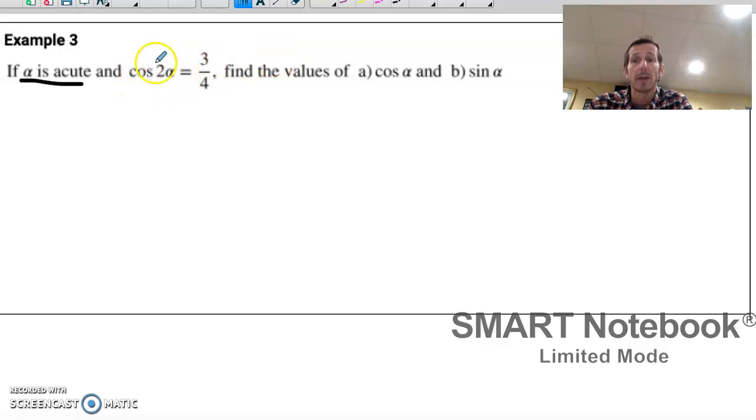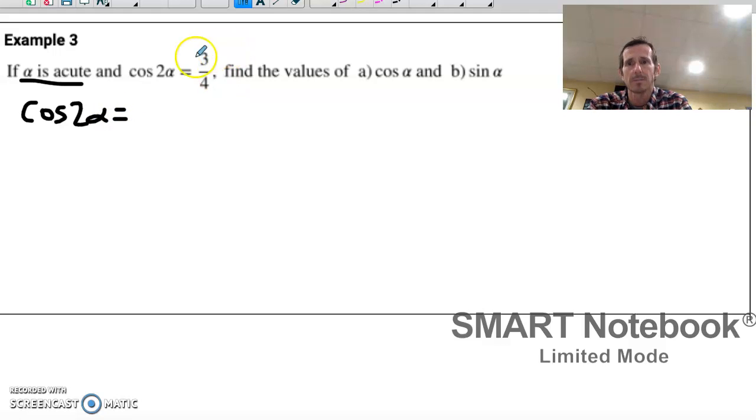And I've given you the actual value of cosine 2 alpha, and I want to know what's cosine and what's sine. So we start with the fact that I know a formula for cosine of 2 alpha. Actually, you know 3 formulas for cosine of 2 alpha, and it doesn't really matter which one you use.